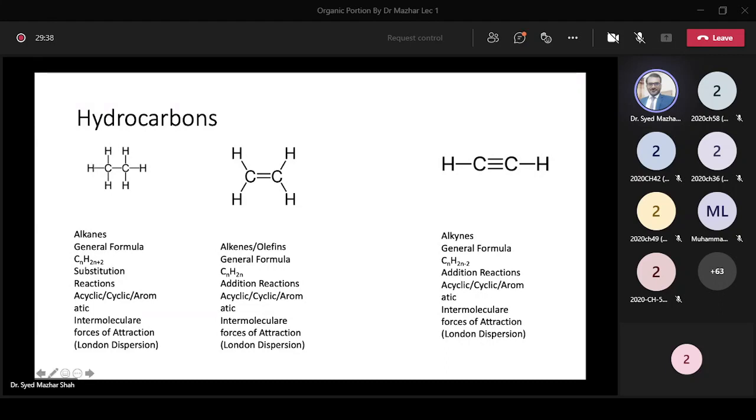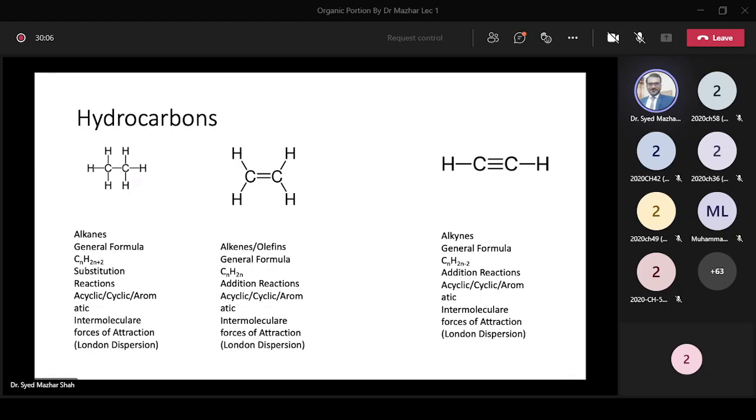The next, if we compare with the next functional groups, first we would like to establish some relationship about intermolecular forces. I think this one is spelled wrong, so I will correct it later. Intermolecular forces. What are intermolecular forces?